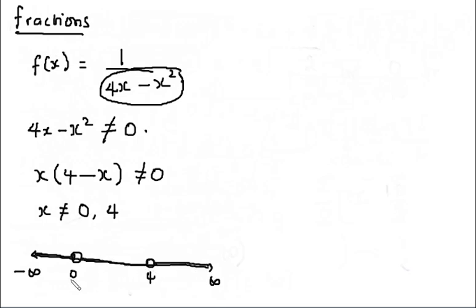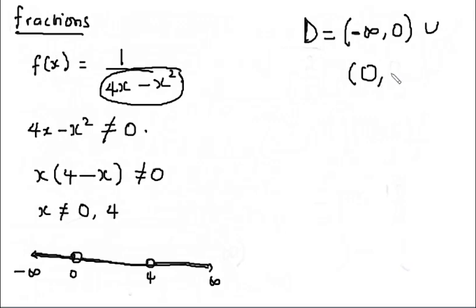So to write it in interval notation form, we could say the domain of our function is negative infinity to 0, but not including 0. Okay, so we've gotten this region down, and then for this region, we know that union of 0, not including 0, to 4, not including 4.